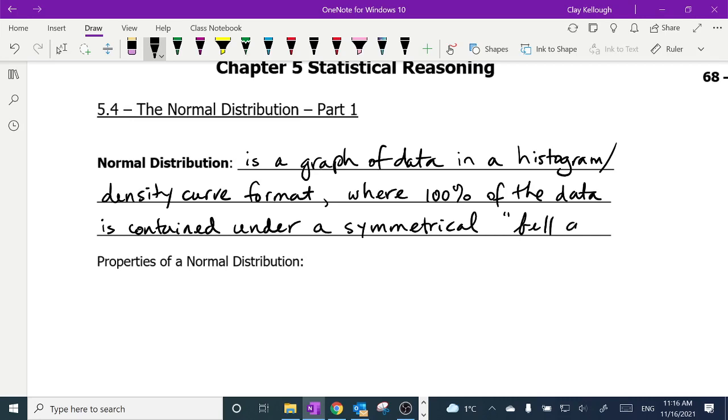It's called a bell curve. And it looks like the picture below in your notes there.